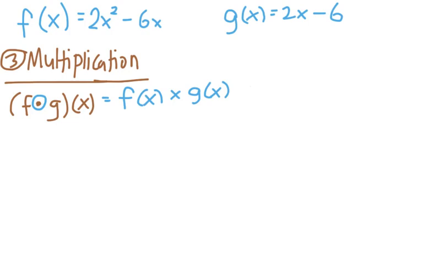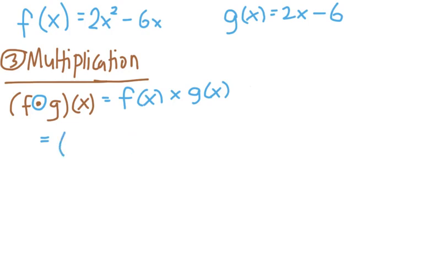Alright, okay. So for multiplication, always put bracket for all the functions. Alright, okay. So the same thing, substitute the function into the operation. So the first function, f function, which is 2x squared minus 6x, always put bracket for all of the functions. So for function f, put bracket.